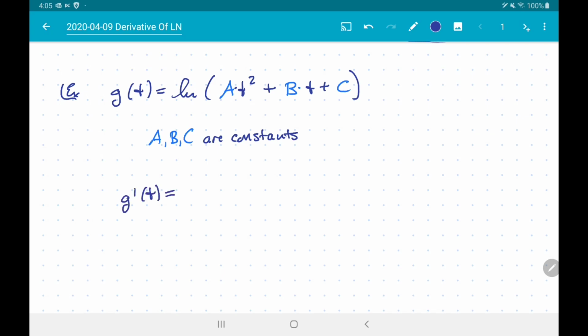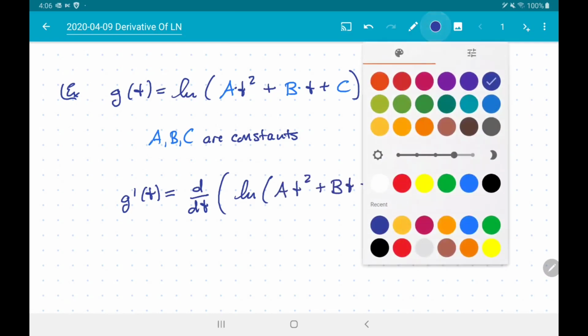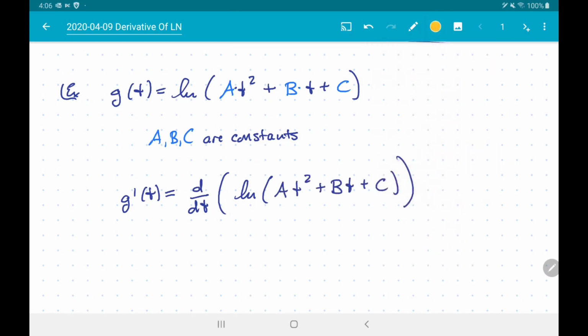I'll begin by writing that g prime of t is the derivative with respect to t of its formula. Okay, the derivative is applied to this expression, and the outermost operation is that logarithm.